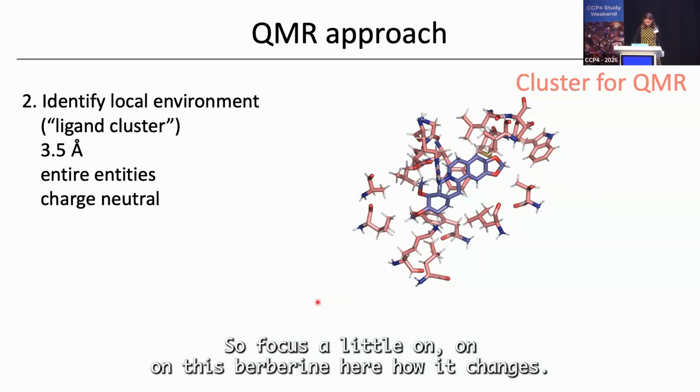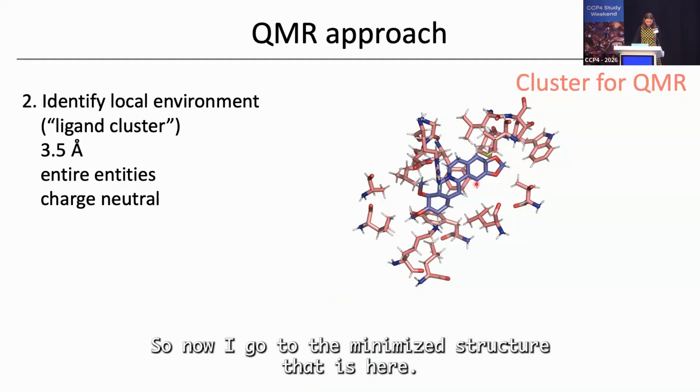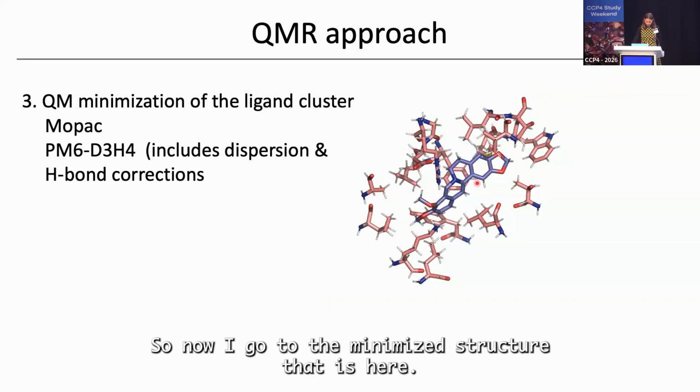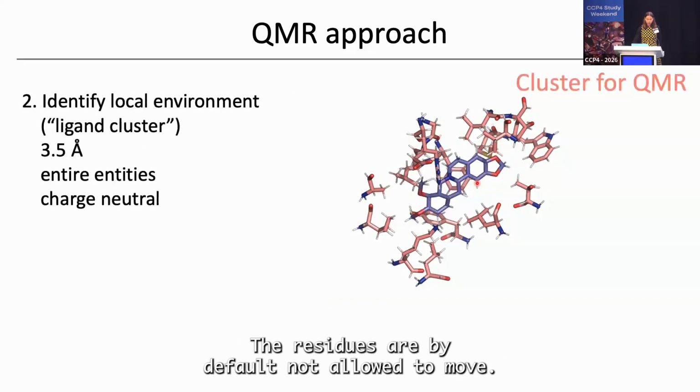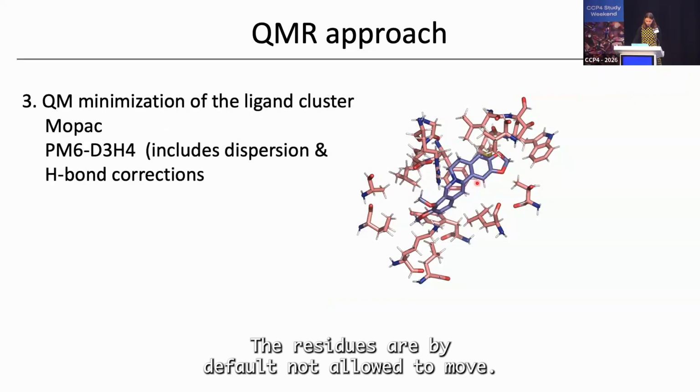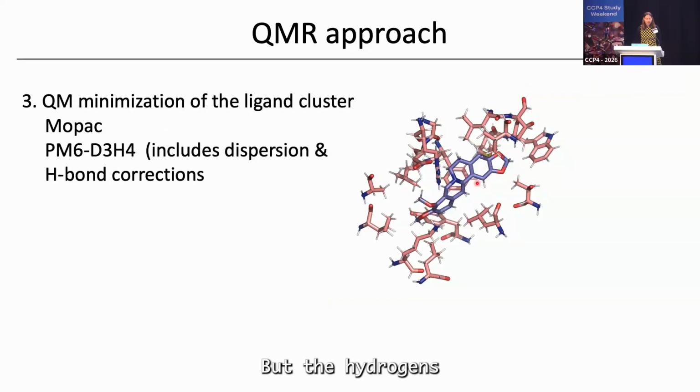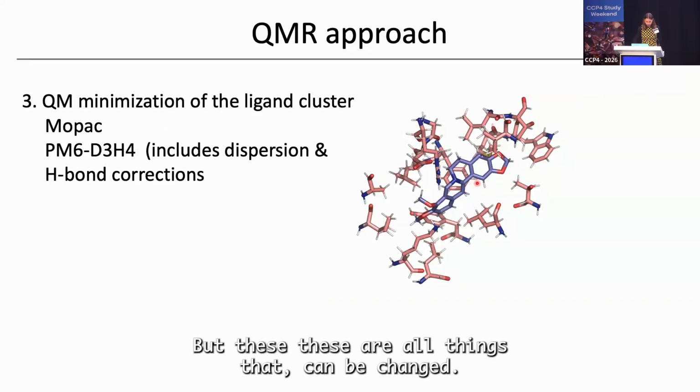So focus a little on this berberine here, how it changes. So now I go to the minimized structure that is here. So I go here a bit back and forth. The residues are by default not allowed to move, but the hydrogens in the environment can move. But these are all things that can be changed.